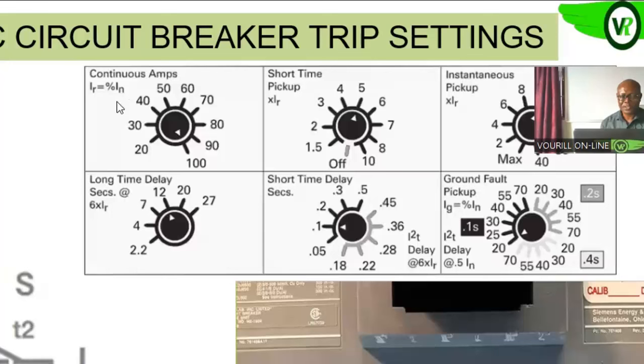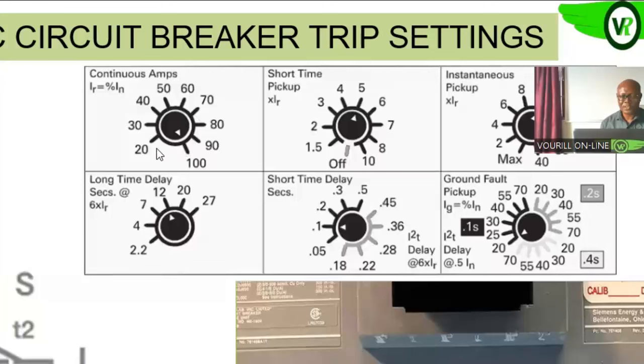So if your circuit breaker is rated 1,000 amps, as an example, and you turn this selector switch to 20%, that will mean you are able to use your breaker as a 200 amps breaker. 30%, 300 amps breaker, 400 amps, 500 amps, 600 amps, 700 amps, 800 amps, 900 amps, and then 100% of it will be 1,000 amps.